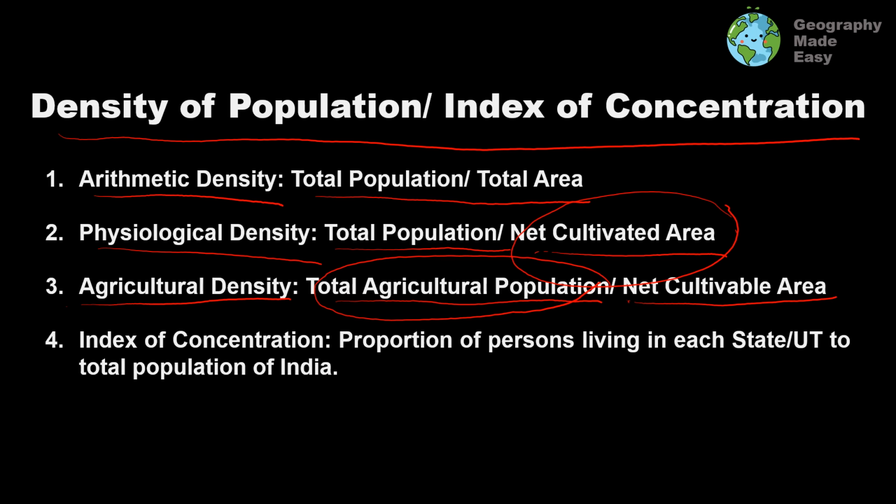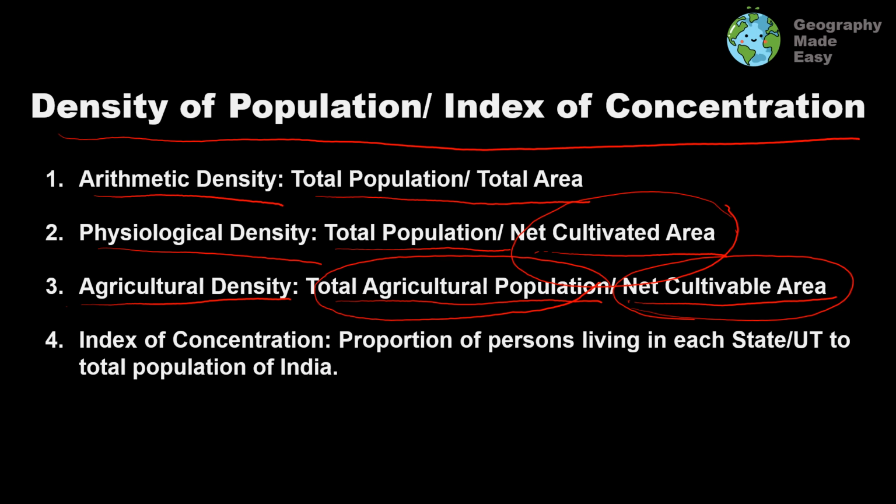That is divided by the net cultivable area, which will give us the agricultural density, that is the density of population engaged in agriculture divided by total area which is under cultivation. This is a more viable way of looking at density of population, because this is talking about livelihood.